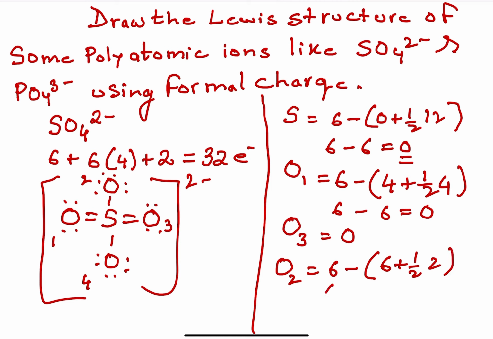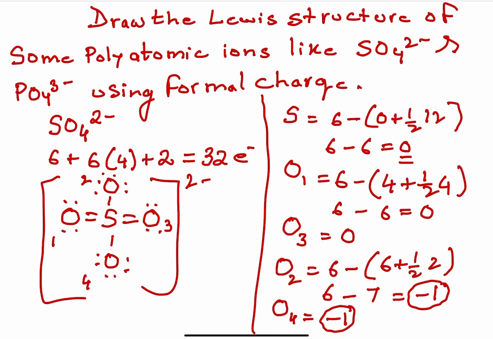So 6 minus 7 equals minus 1. Oxygen 2 and oxygen 4 are similar, so oxygen 4 is also minus 1.